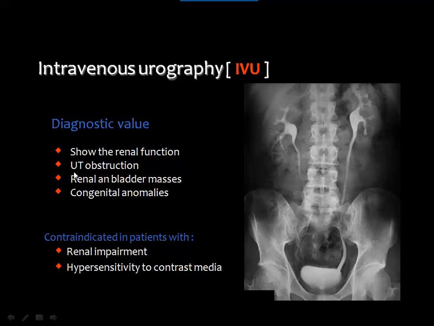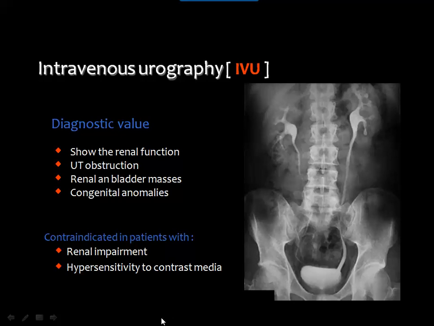And it's helpful to detect urinary tract obstruction, whether by stones or by tumors or polyps. It's good for evaluation of the renal and the bladder masses, as I will mention, and it's very good for detection of congenital anomalies of the urinary tract, particularly the kidneys and the ureters.